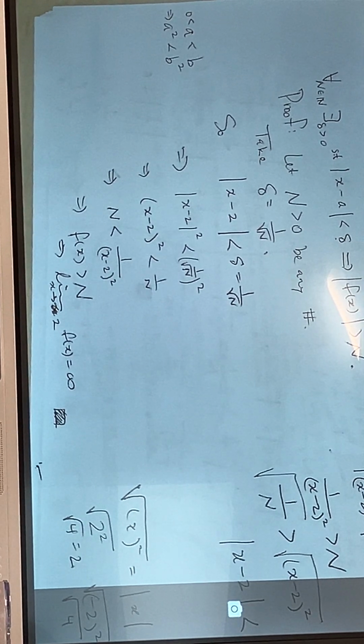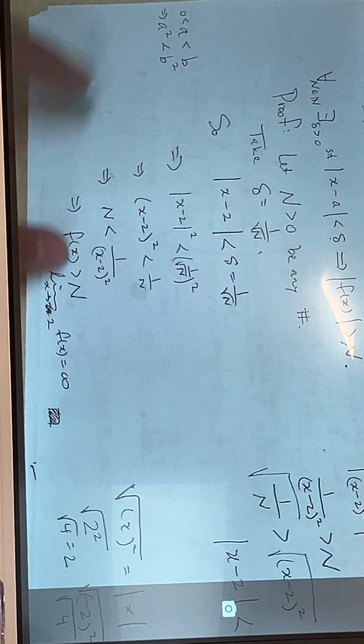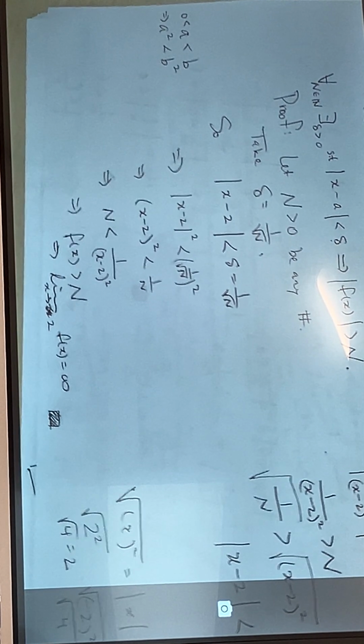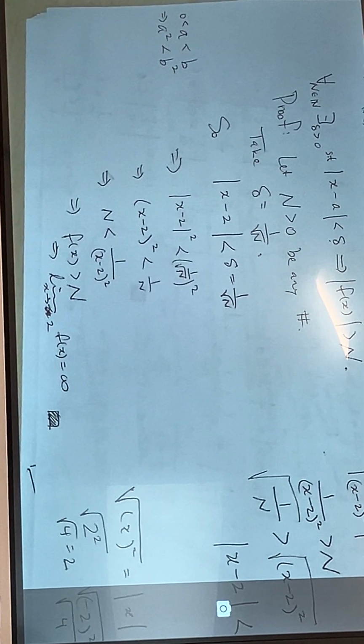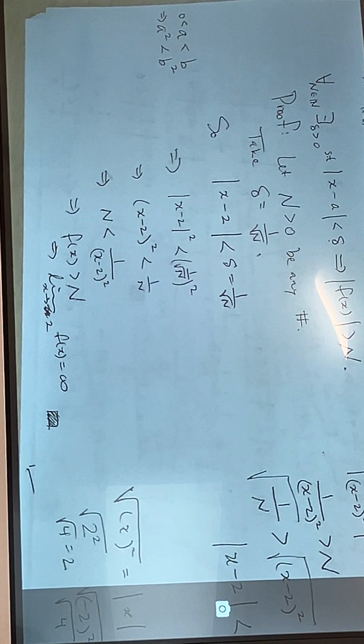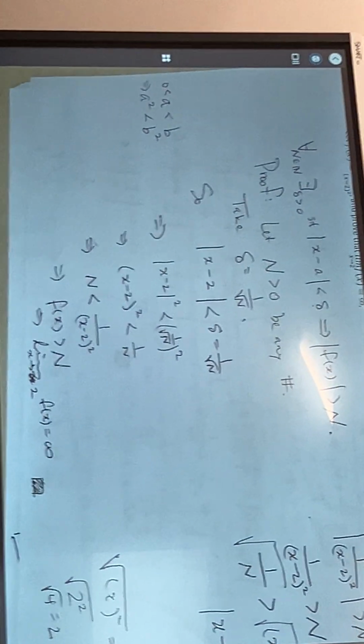Could have had a few more steps just to clarify a couple of these points. Like this kind of thing in proof, sometimes you need to actually set it up to prove something like this. But we're taking many things for granted. And so we proved that some limit was infinity.